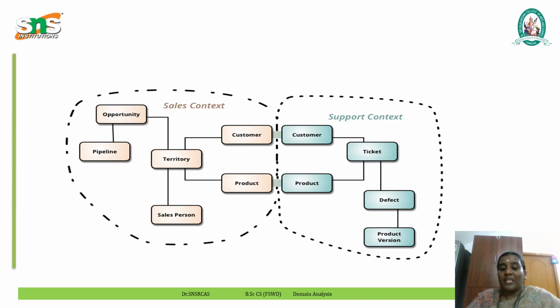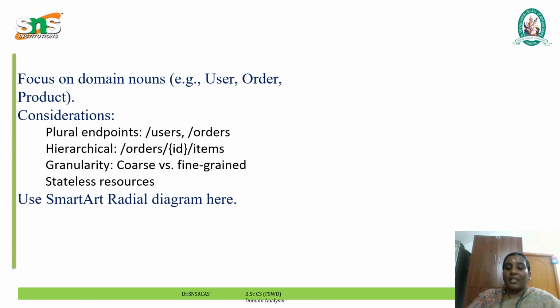The support context diagram has consumer, ticket, product defect, and product version. So the sales context is a view where we keep an application with all these features. The support context is what we give to a consumer. This is an example for user, order, and product.